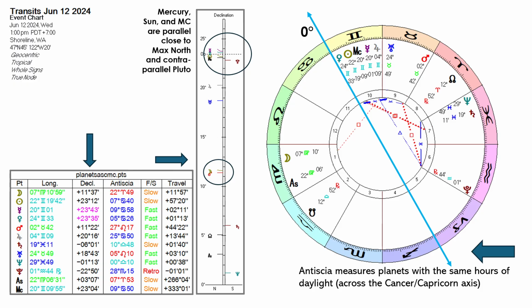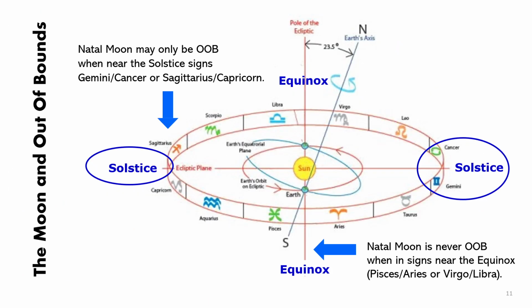So you would go either direction away from that 0 point. And so planets across from that are going to be at the same Antiscia point. If they're opposite, then we call it a contra-Antiscia. Don't really need to worry about Antiscia at this point, unless you already know about it.